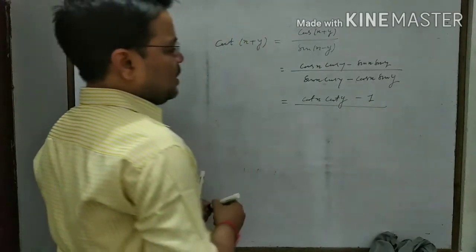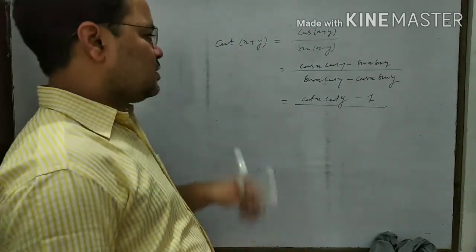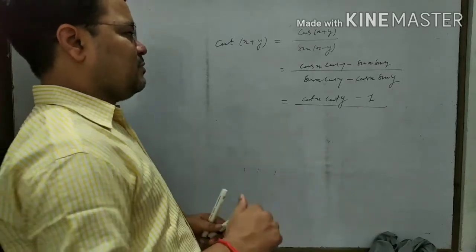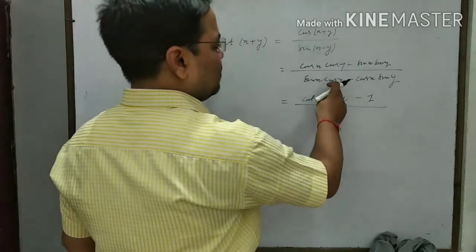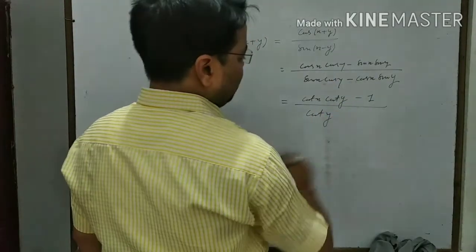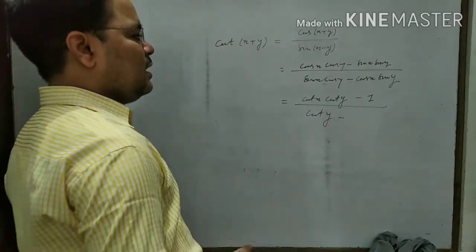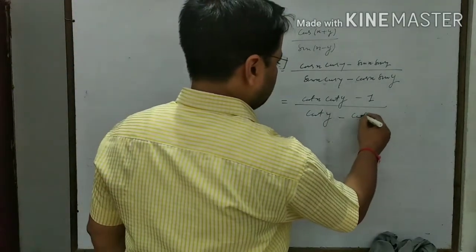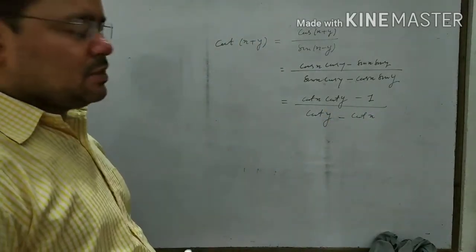And here when we divide sin x cos y by sin x sin y, then sin x and sin x will be cancelled, and that will be cos y upon sin y, meaning cot y, minus, again sin y will be cancelled and it will be cot x. In this way we get this relation.